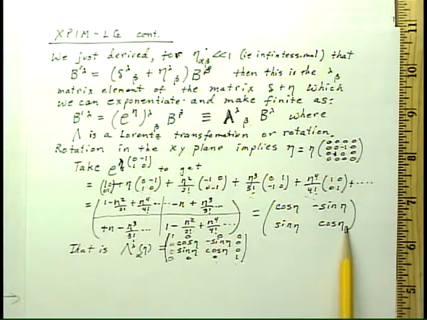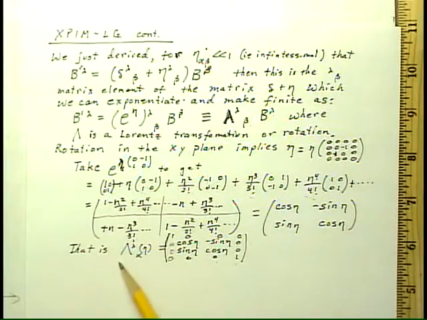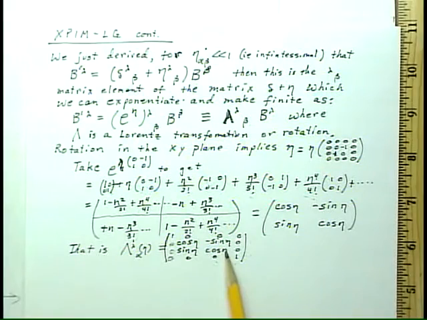So we end up with a transformation, to see what it actually looks like, of cosine, minus sine, sine, and cosine embedded in this 4 by 4 matrix. This just keeps it a little bit easier to look at. And so that gives us now the components of this large matrix lambda, which is our set of all rotations and Lorentz transformations as contained in the homogeneous Lorentz group.